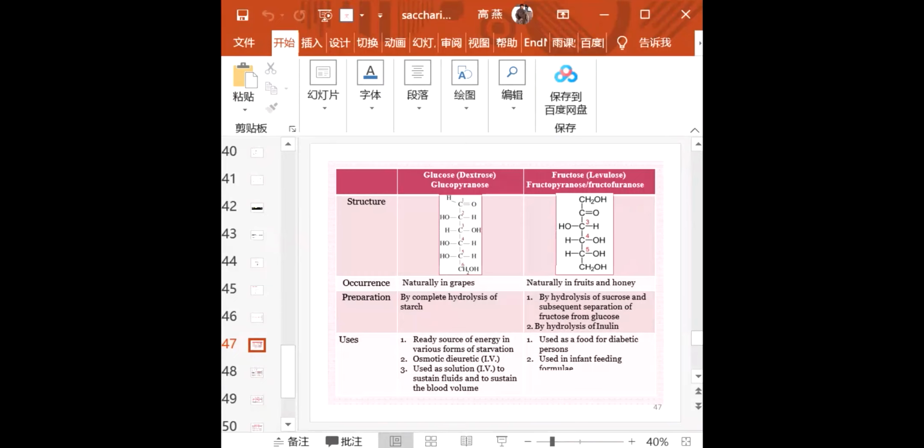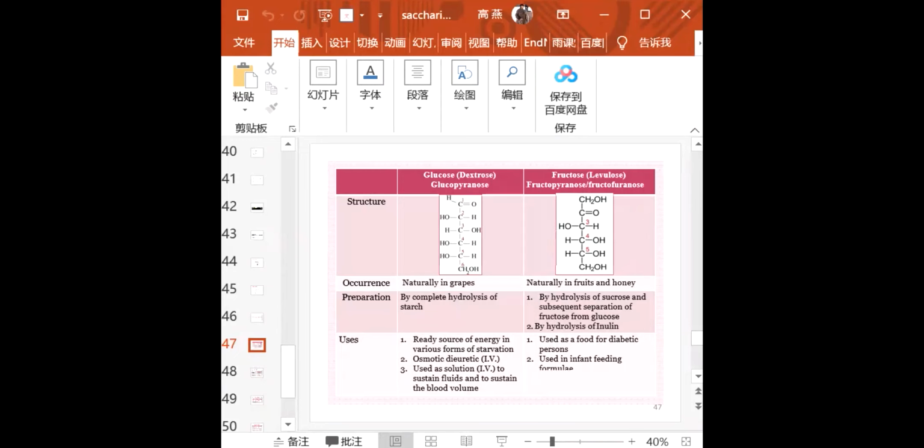And the third is it can be used as a solution, also given intravenously, to sustain the fluids and the blood volume.